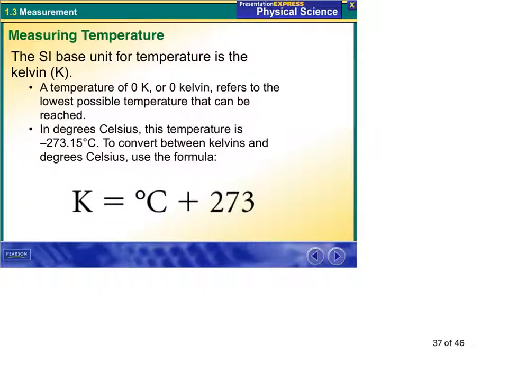The actual SI unit for temperature is the Kelvin. Not degrees Kelvin, just Kelvin. Temperature 0 K or 0 Kelvin refers to the lowest temperature possible that can be reached. We call that absolute zero.